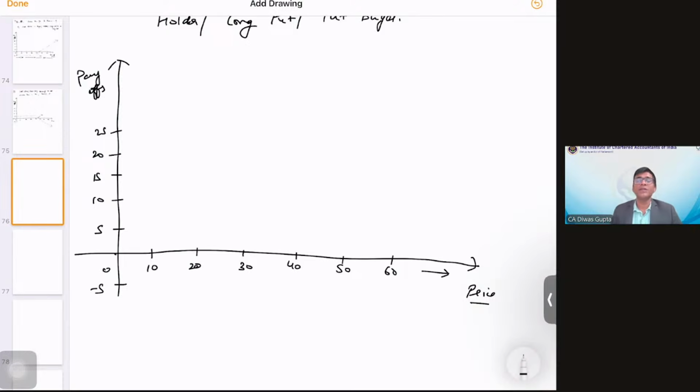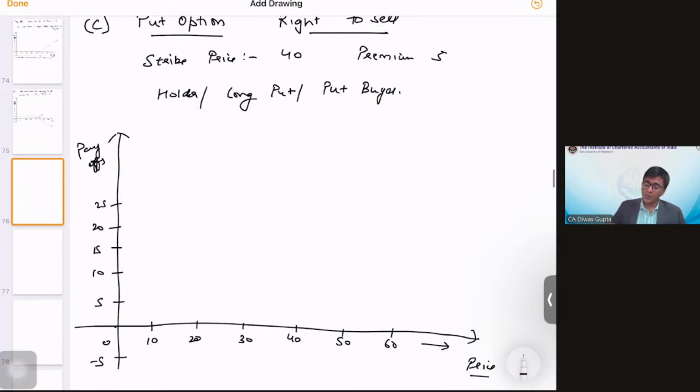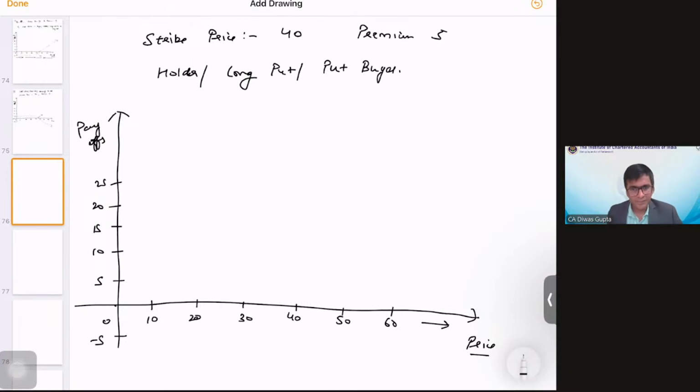Now, students, since we are talking about the holder of the put option, the loss will be limited. But till what price? Now, my question comes to you. Till what price is the loss limited to 5 rupees? First of all, do all of us agree that since we are paying 5 rupees premium, the maximum loss to the option holder can be 5 rupees?